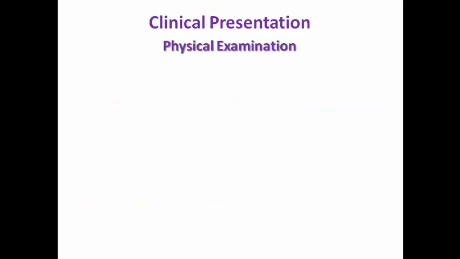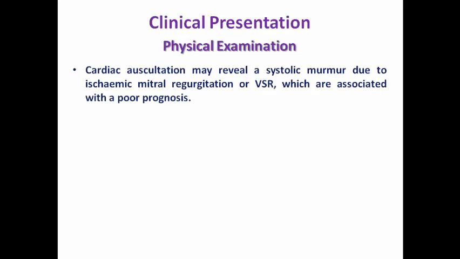Then we are going to have a focused physical examination relevant to the symptoms. For example, cardiac auscultation showing a systolic murmur may be caused by ischemic mitral regurgitation or ventricular septal rupture, which are mechanical complications of MI associated with a poor prognosis.